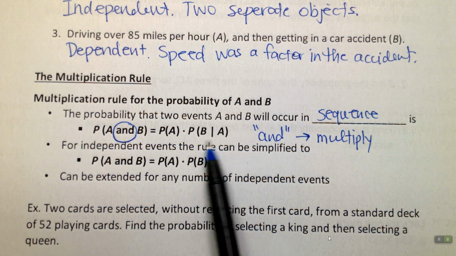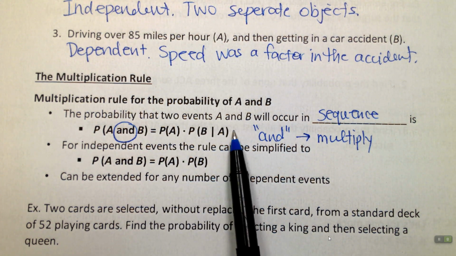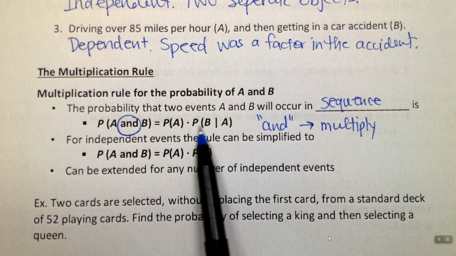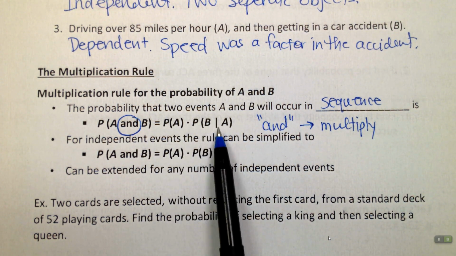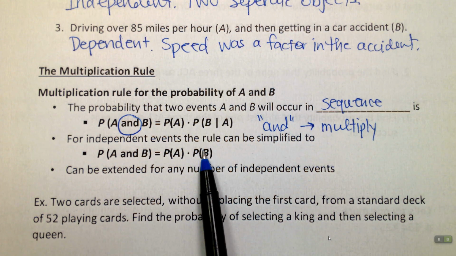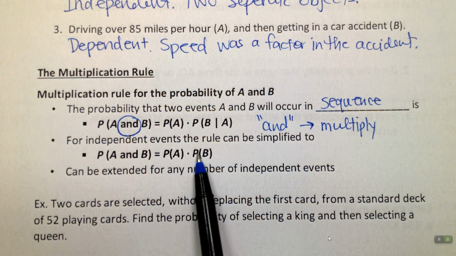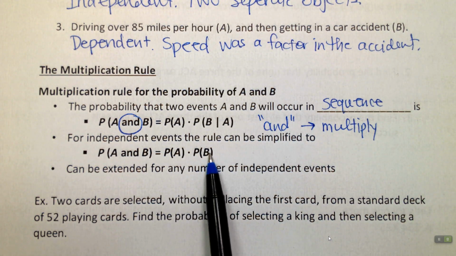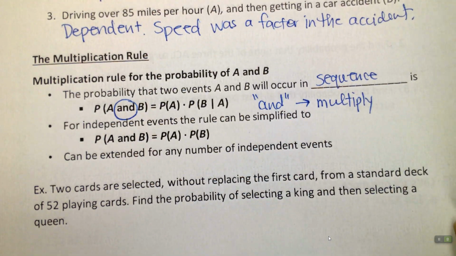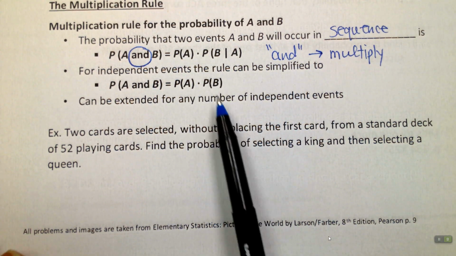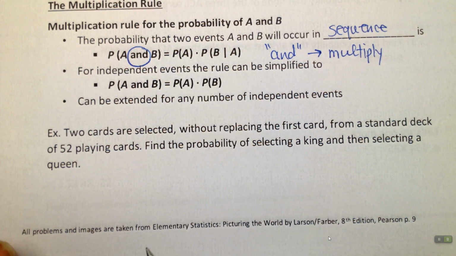I'm pulling from the same bag, the same card deck; they have something in common. For independent, the rule can just be simplified to multiplication, one after the other. And we could do this a number of times, so we can pick 3 cards, one card and another card and another card.